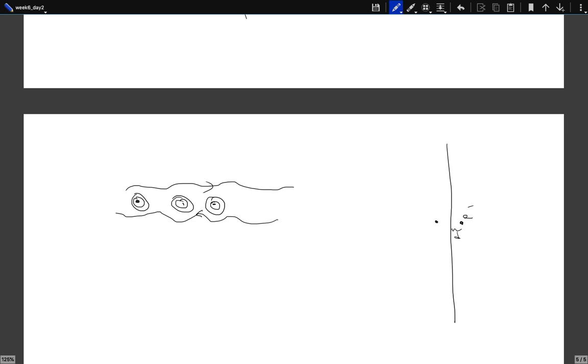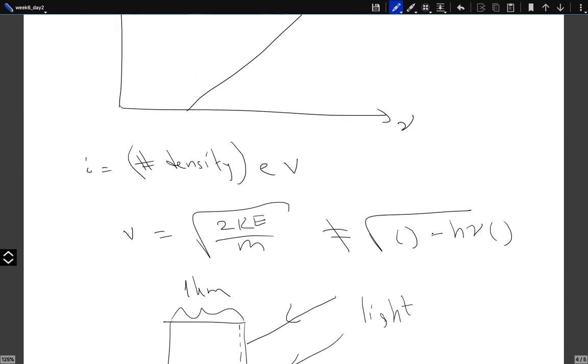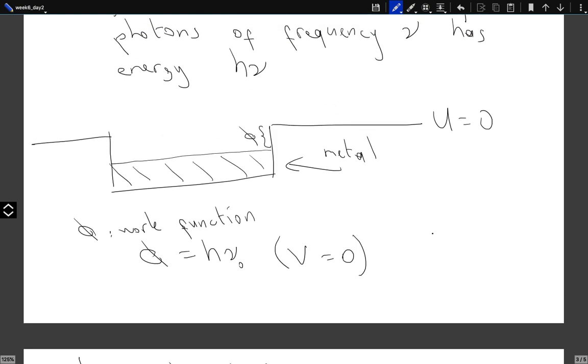Then it will act as if there is a plus charge on the other side, at distance d. So unless you get rid of that plus charge, you are not liberating anything. So that's essentially why we have a closed circuit.